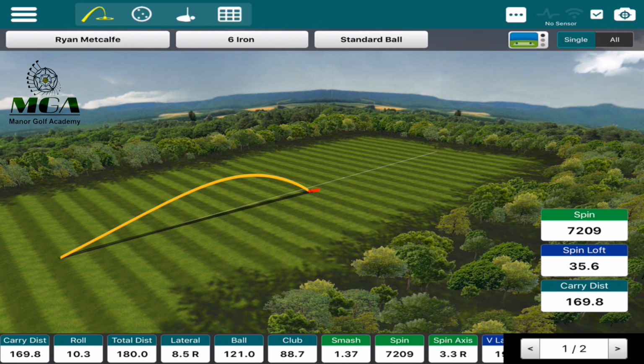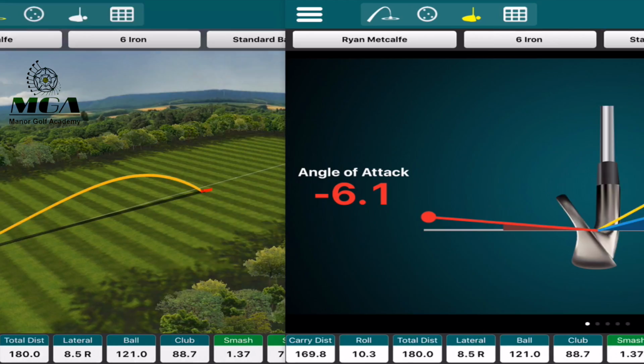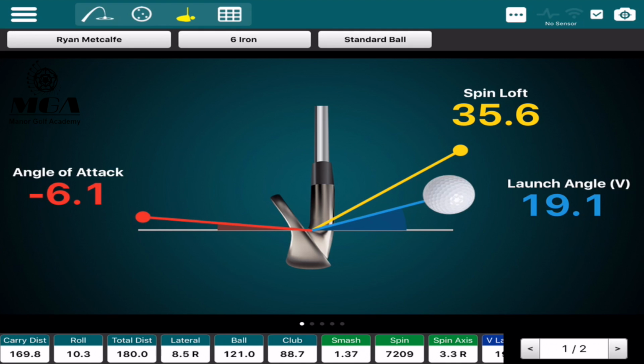So what is spin loft? It's a fairly new term. It's come around with machines like FlightScope, TrackMan, GC2 and other machines, and it's terminology used to describe the calculation between the angle of attack, which is shown here on the left-hand side, and the dynamic loft of the golf club.